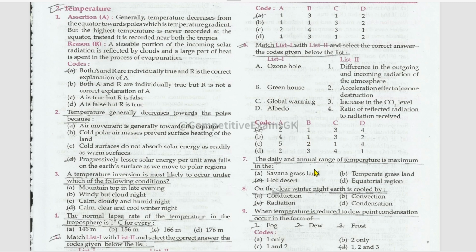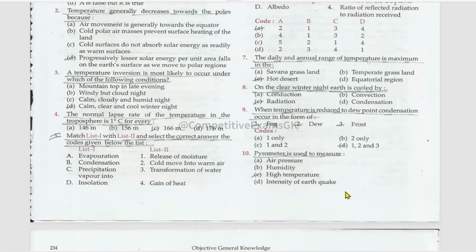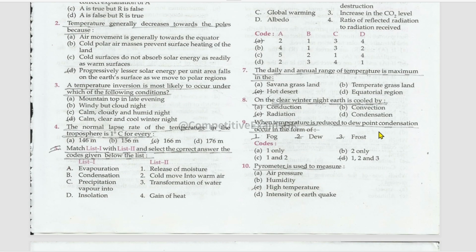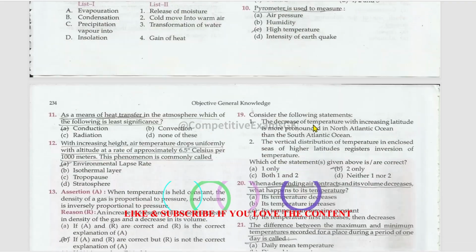The daily and annual range of temperature is maximum in the hot desert. On the clear winter night, Earth is cooled by radiation. When temperature is reduced to dew point, condensation occurs in the form of fog, dew, and frost. All of these. Pyrometer is used to measure high temperature.